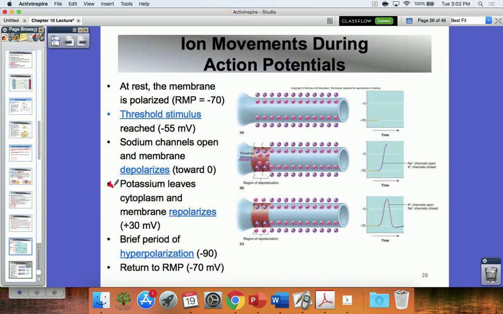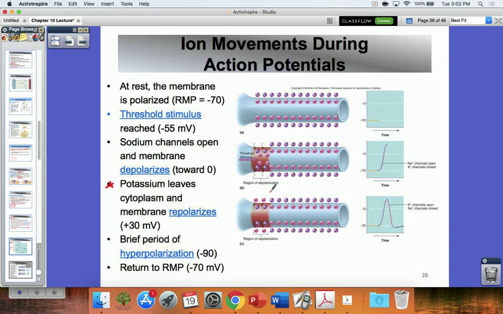If we're trying to repolarize, which means we want to become more negative, what has to happen? These potassium ions have to now leave the cell because they're positively charged. As the potassium ions leave the cell, it becomes more polarized, more negative, closer to the resting membrane potential of negative 70.